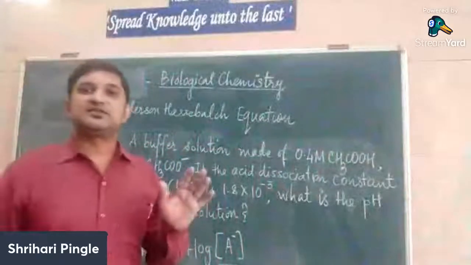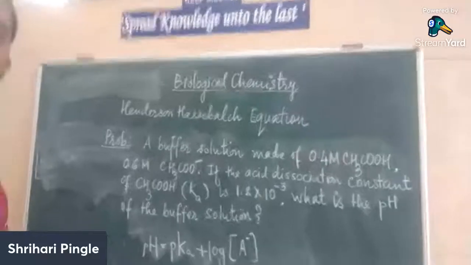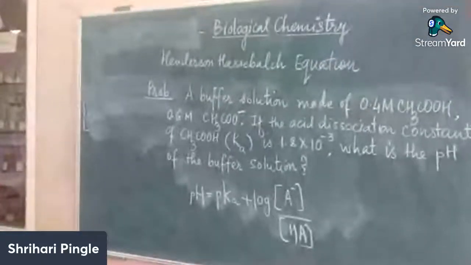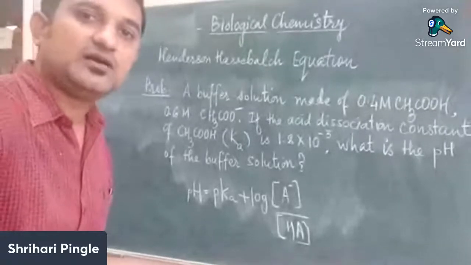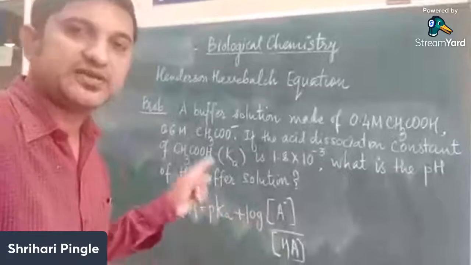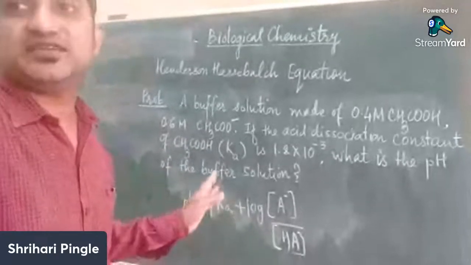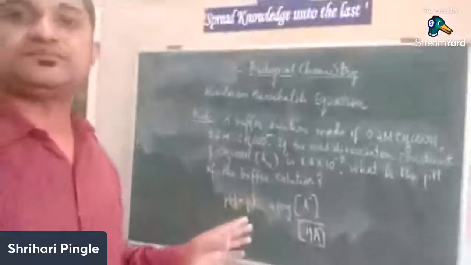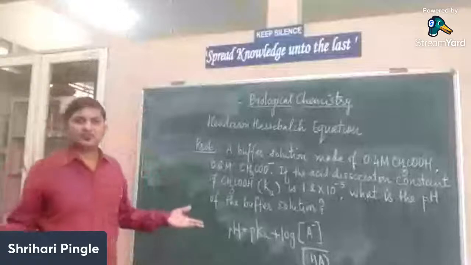So Kausar has written the Henderson Hasselbalch equation, and I do not know if it is visible to you. So you can see here pH is equal to pKa plus log of A minus concentration, that is the concentration of the conjugate base, upon the concentration of the corresponding acid, that is HA. Right? So this is the formula that we have used.